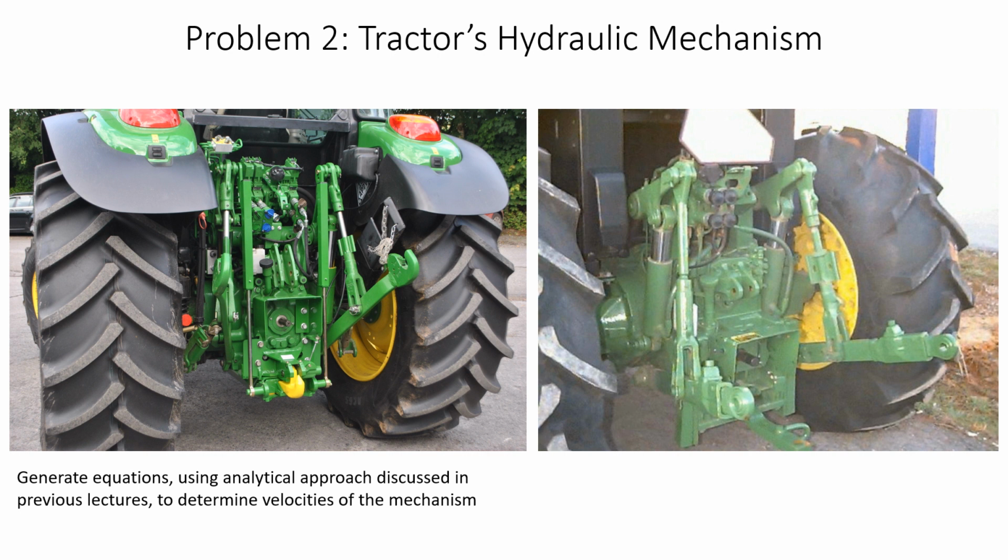So in this particular application, we are going to use the vector loop equations or analytical approach to find the kinematic equations. And then we are going to determine velocities of the mechanism when some input is provided from the hydraulic system. So this is the task at hand. We are going to proceed from the next slides to try to solve this problem.